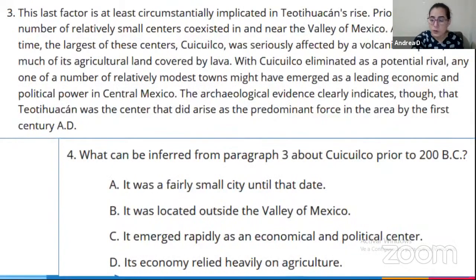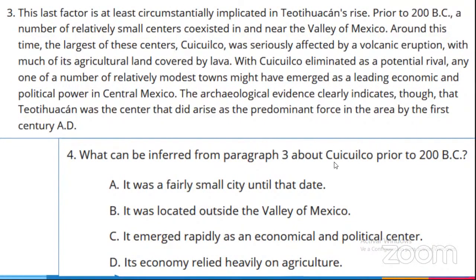All right. So we have this question here. Anybody can read? The question and the options. What can be inferred from paragraph 3 about Azcapotzalco prior to 200 before Christ?